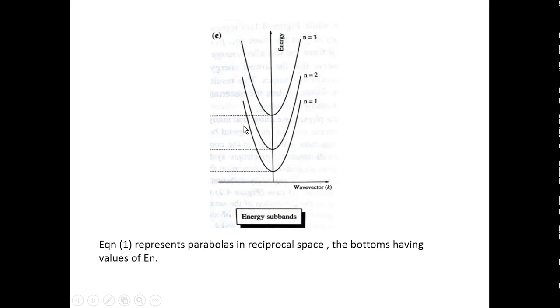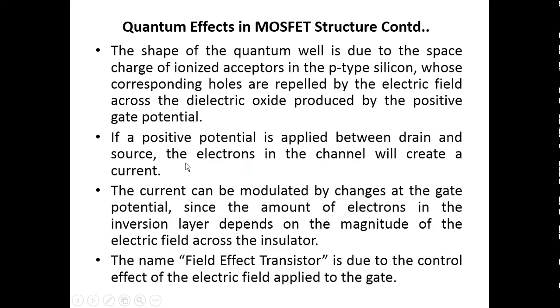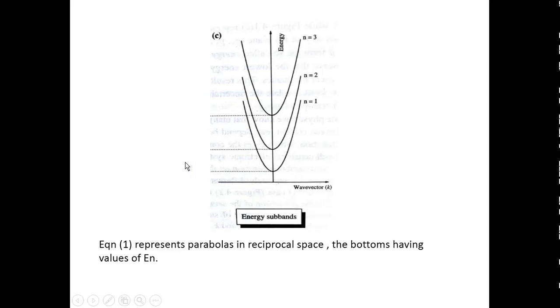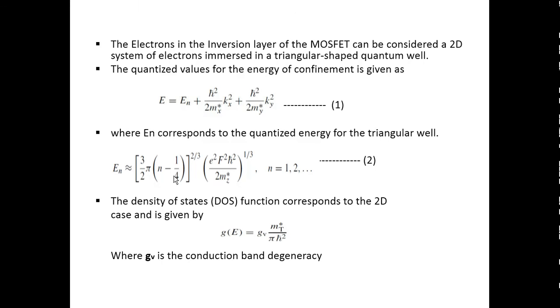You have to learn this energy equation by heart. E is equal to En plus ħ² kx² by 2m*x plus ħ² ky² by 2m*y. Here m* is the effective mass of the electrons in the y direction and in the x direction, and kx² is the k vector squared in the x direction.